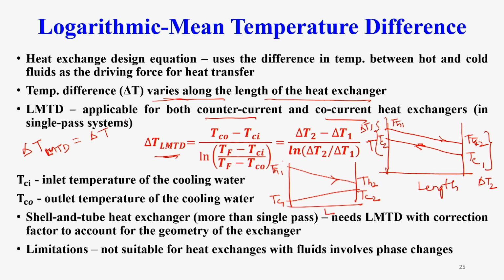So the log mean temperature difference will be delta T2 minus delta T1 divided by ln delta T2 upon delta T1. It can be written either way, delta T1 minus delta T2 divided by ln delta T1 upon delta T2. So in this way we have to see the hot fluid entry and cold fluid out. It can be in either co-current or counter current mode.